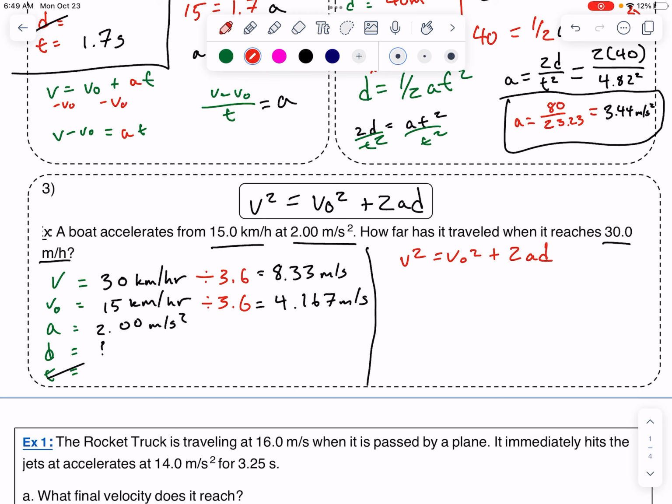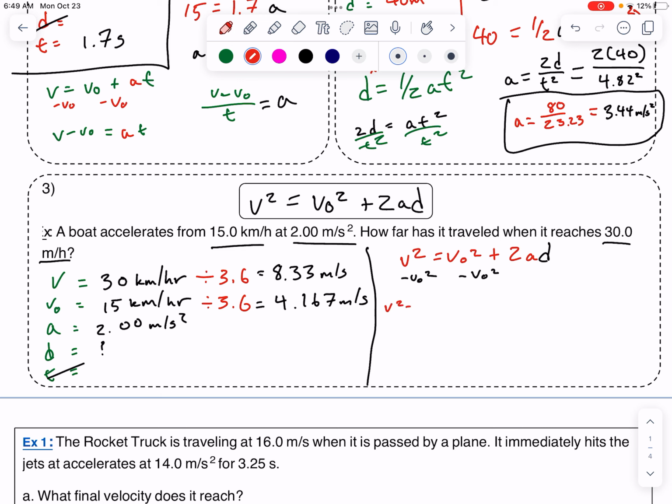So again, I'm going to try to isolate my displacement variable. I'm going to subtract V0 squared from both sides. Again, I'm subtracting it, not dividing it, because we're simply adding it onto the equation.